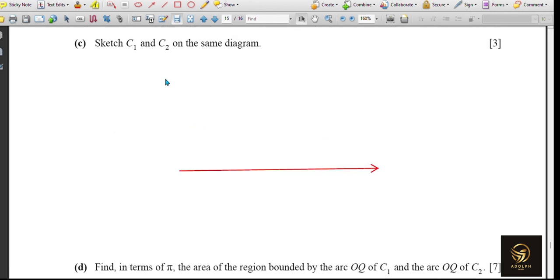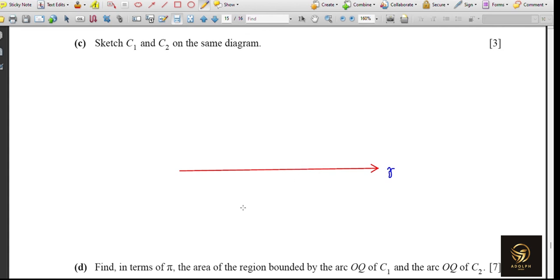So the next part is to sketch C1 and C2 on the same diagram. Here we have that r value, and if you take the table values, you will be able to understand clearly that C1 gives a loop, and C2 gives a semicircle.